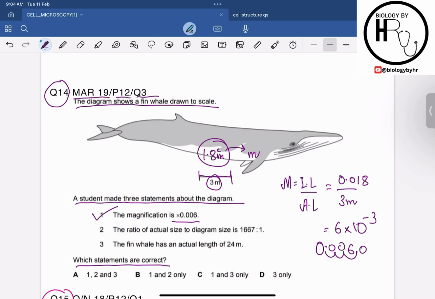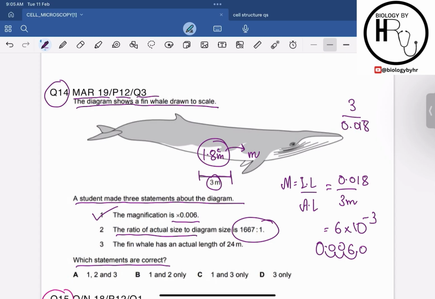Then statement 2 talks about the ratio of actual size to the diagram size. Actual size we have 3, and the diagram size we have 0.018.